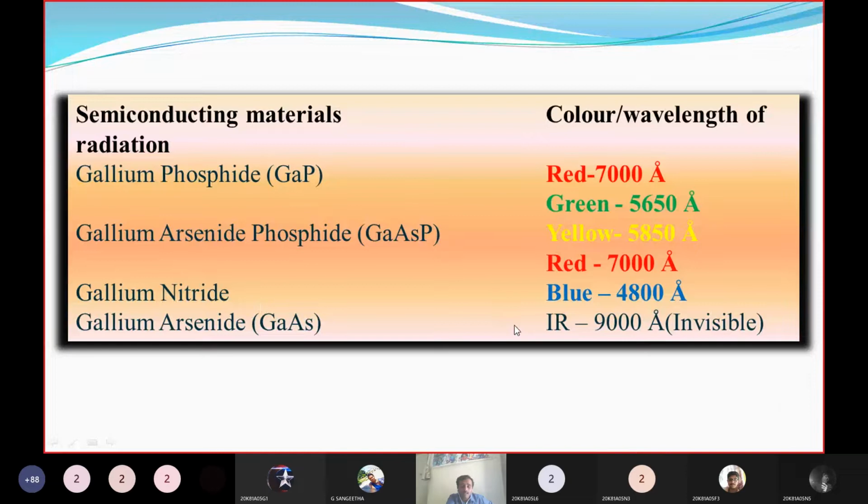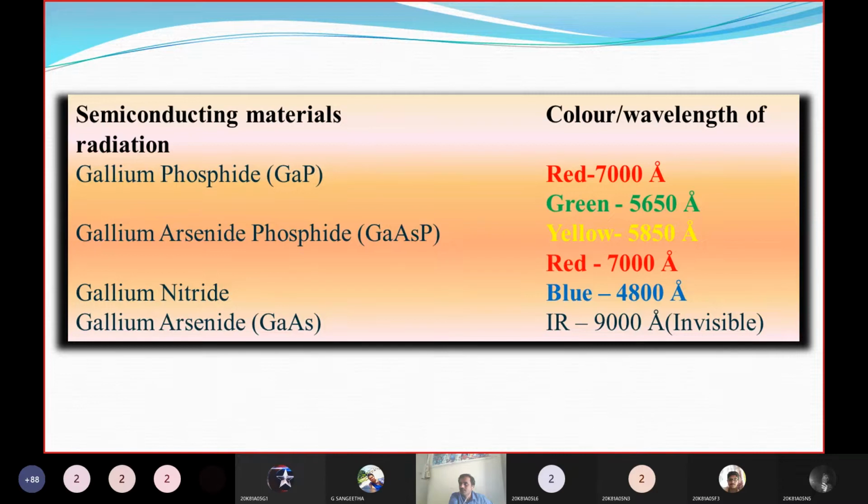If you take gallium arsenide, it emits IR radiation, which is invisible. In your remotes, you will observe an LED that emits IR radiation. Did you observe the remote? In that remote, there is a light like a small bulb on the edge.